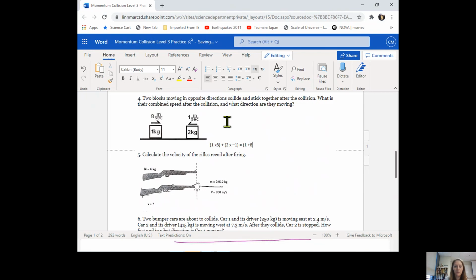I'm going to solve for my velocity. So that's my equation that I use here. And I get a velocity of 2 meters per second to the right. And I initially had this 1 kilogram block as a positive. So that's why when I get a velocity of 2, I'm going to say that it's to the right, because I initially had my block moving to the right with a positive direction.